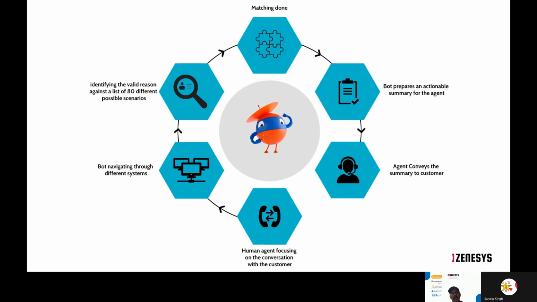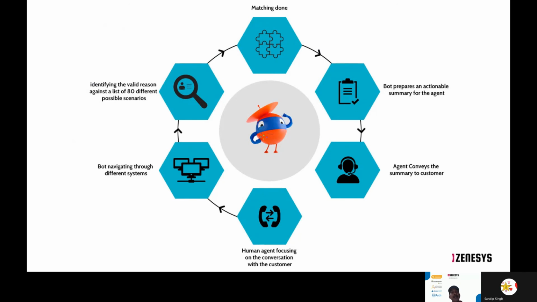So when this process was not automated in some of the companies, some of the banks, I would say, then what used to happen was that the customer would call the phone banking officer. The phone banking officer has to put the call on hold. The officer would go look for the information and figure out the reason in different systems, based on the set of reasons and based on what the customer was doing, how this transaction was different.